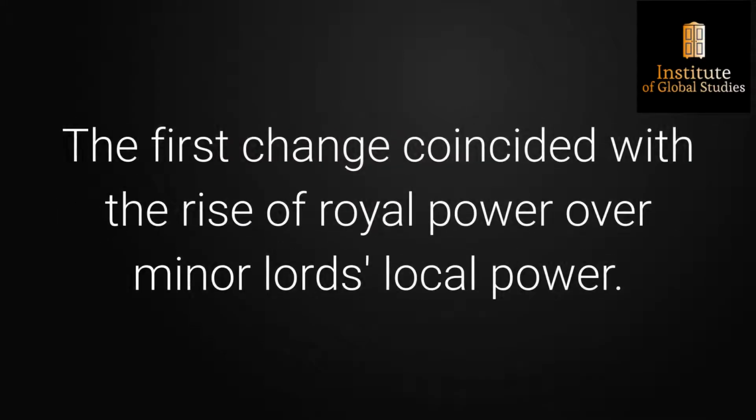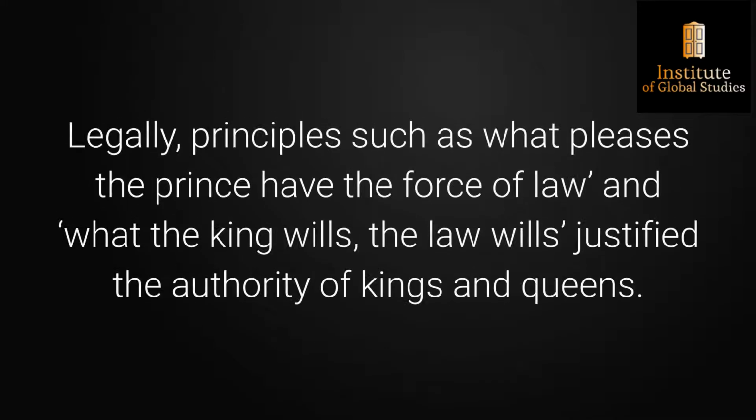The first change coincided with the rise of royal power over minor lords' local power. Legally, principles such as "what pleases the prince has the force of law" and "what the king wills, the law wills" justified the authority of kings and queens.